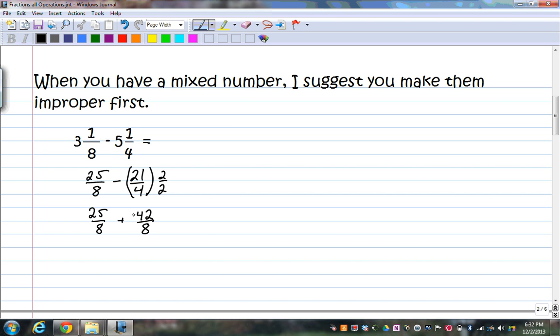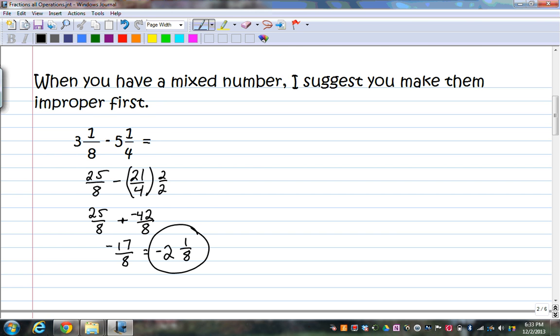Remember, the same thing as plus a negative. 25 plus a negative 42 is equal to a negative 17/8. Then 8 goes into 17 2 times, but the negative will come out here, okay, on the integer portion. What's left over? 1/8. So it's negative 2 1/8 is your answer.